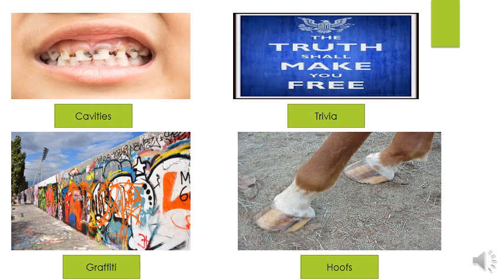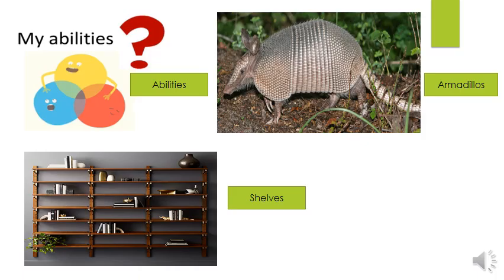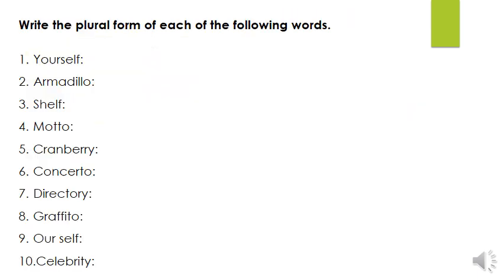Graffiti is this kind of art that you can see in the picture. Hoofs are the things that they put on horses and animals on their legs. My abilities means things that I can do. Armadillo is an animal. It's a very weird animal. It's this one that you can see in the picture. Shelves, of course, you all know what shelves are, things that you are seeing in the picture also.